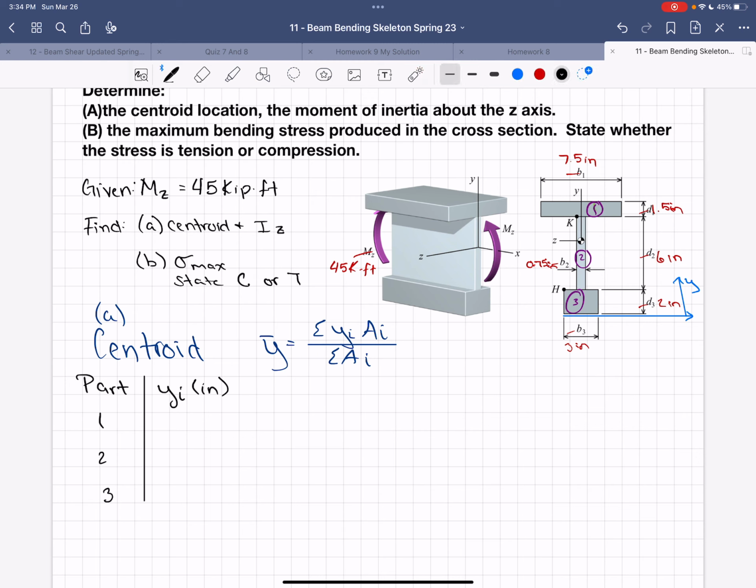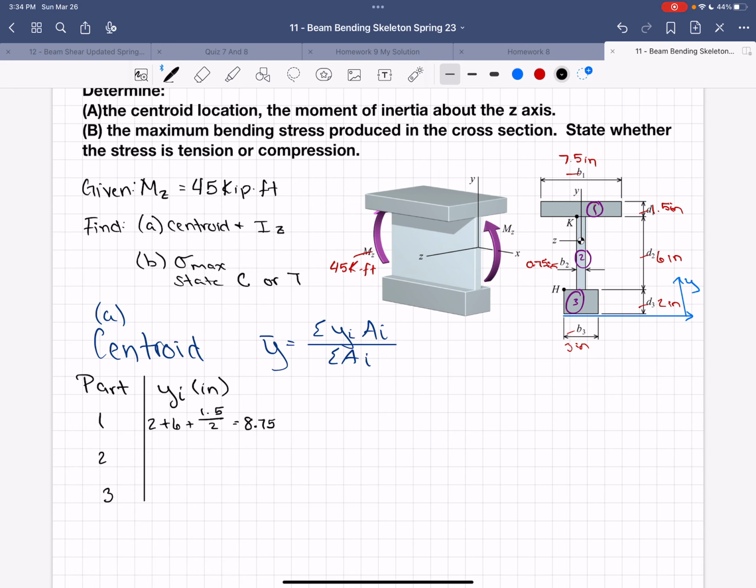So we have up 2 inches plus the 6 inches of part 2 plus halfway up part 1, 1.5 over 2, and we get 8.75.